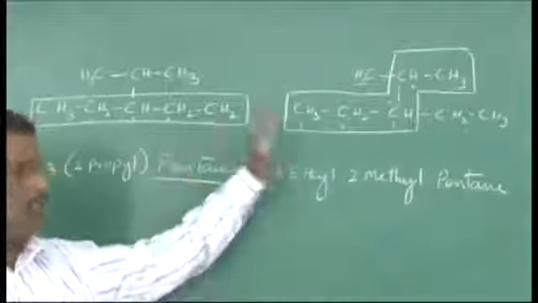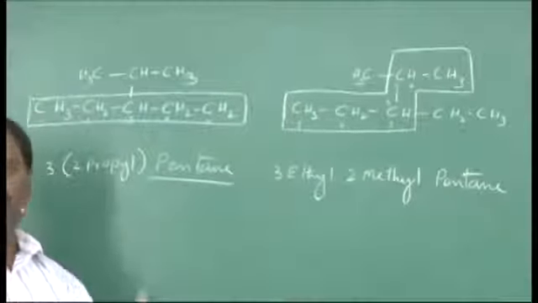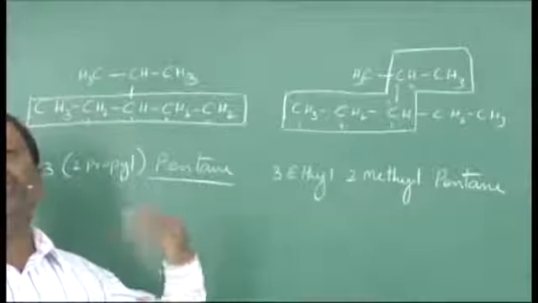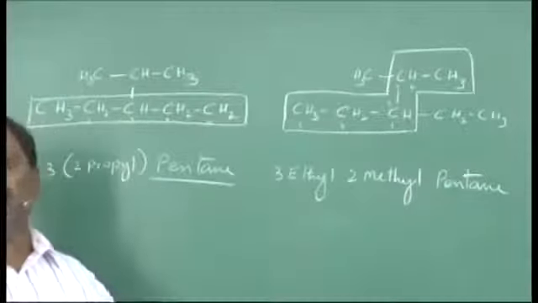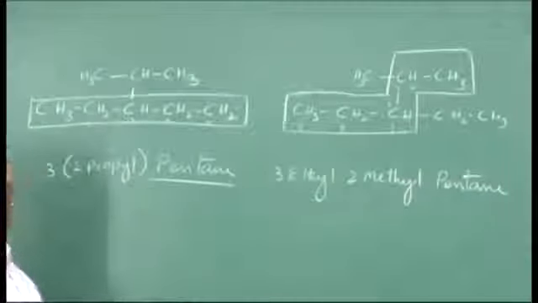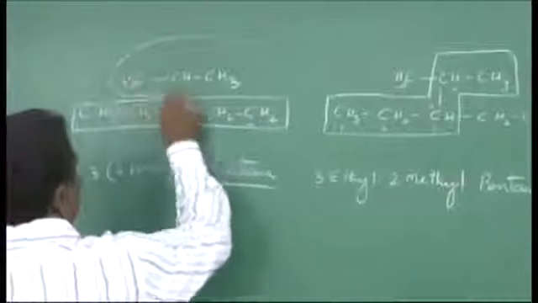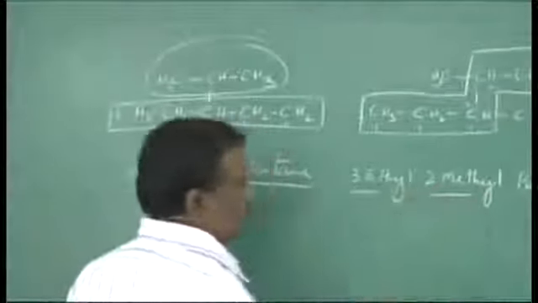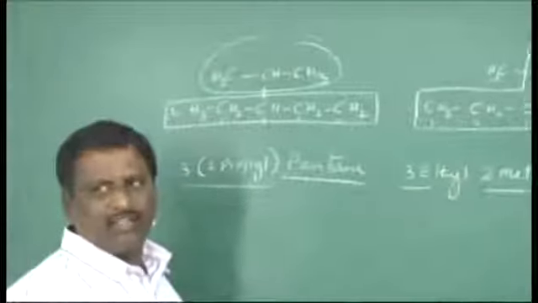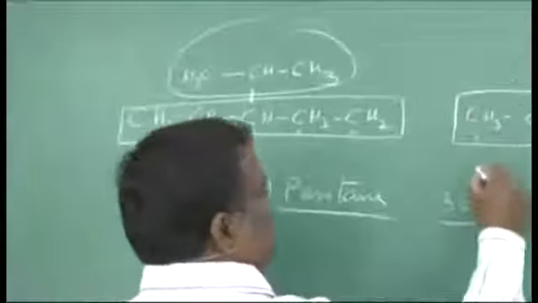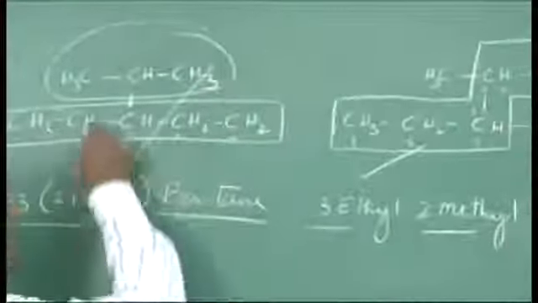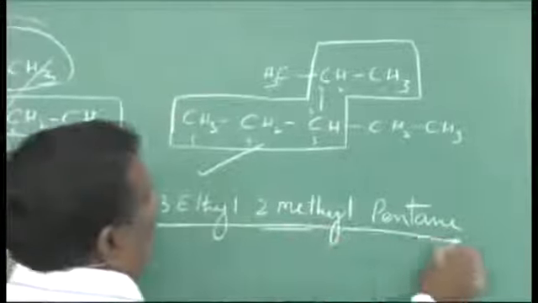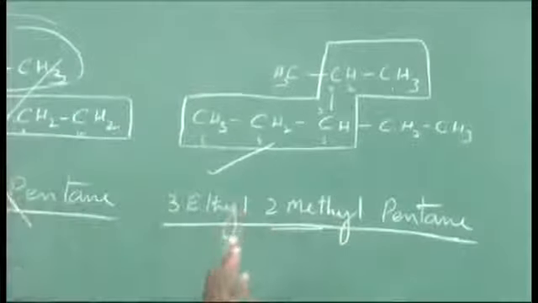Out of the two options, the main chain which has more substituents or more prefixes should be considered as the main chain. Here this is the only substituent, only prefix. Here I have two prefixes, one is ethyl and the other is methyl. So this selection is correct and this selection is wrong. So the name of this compound is 3-ethyl 2-methyl pentane.